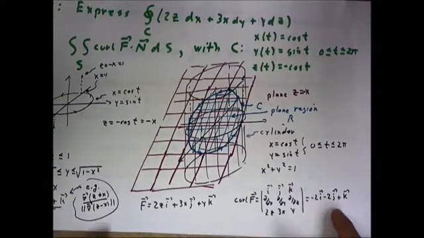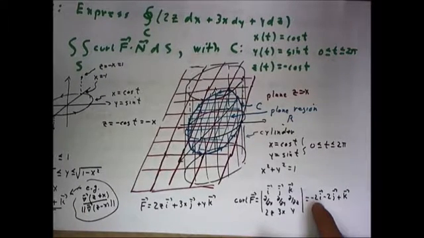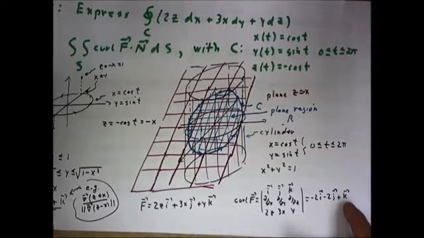Okay, curl of f dotted with n is negative 2i dotted with i over the square root of 2, which is going to be negative square root of 2 over 2, and k dotted with k over the square root of 2, which is just square root of 2 over 2.